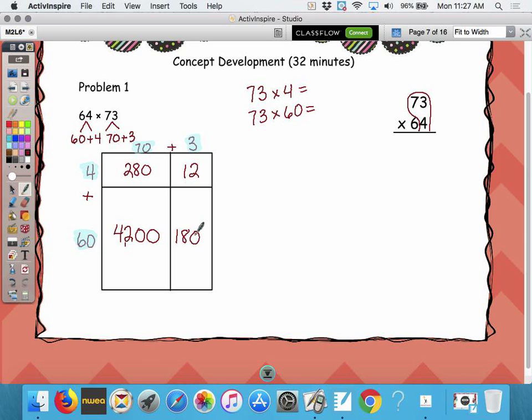Okay. Now here's what we do. You've got those in there. Now we have to add them together. The easiest way to add these together is just add them with the standard algorithm right inside that area model. You have room, so use that room. And then each partial product needs to be written right across from the numbers you added together. So 4,200 plus 180 I will add here.